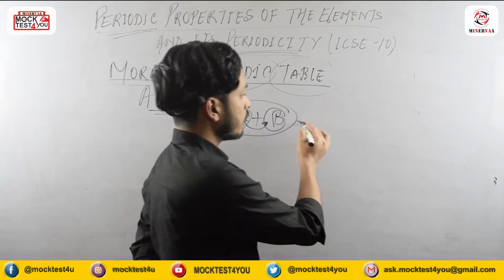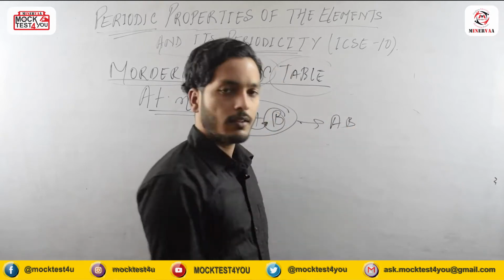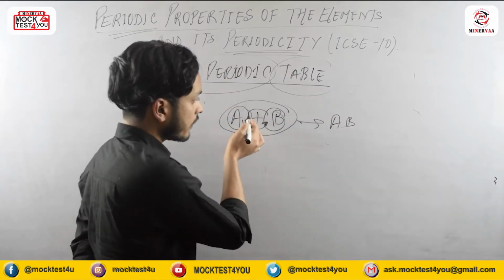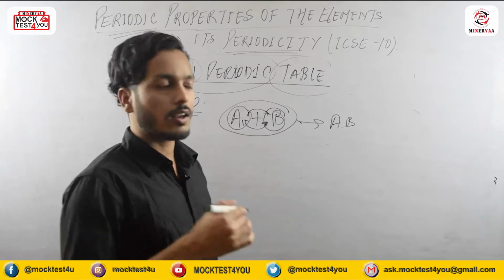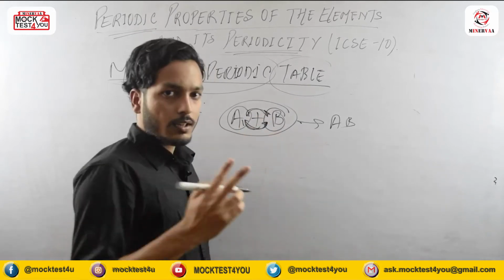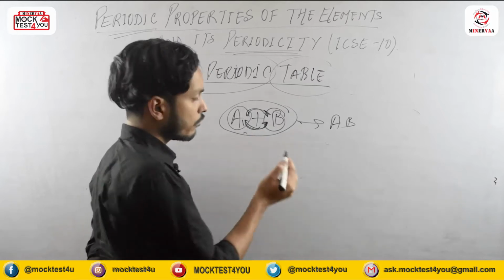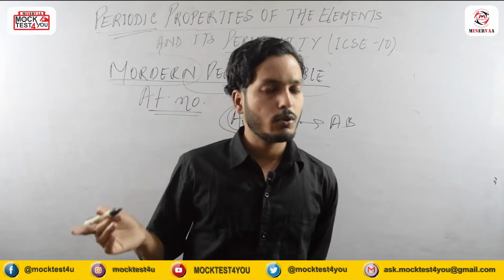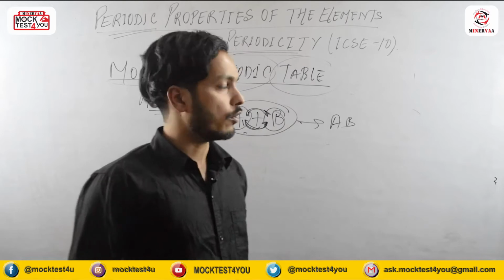If A is reacting with B and forming AB, what has happened between them? There is an exchange of electrons, either A is giving to B, or they are sharing. There are 3 types of bond we have learned: covalent bond, electrovalent bond, and coordinate bond, right?